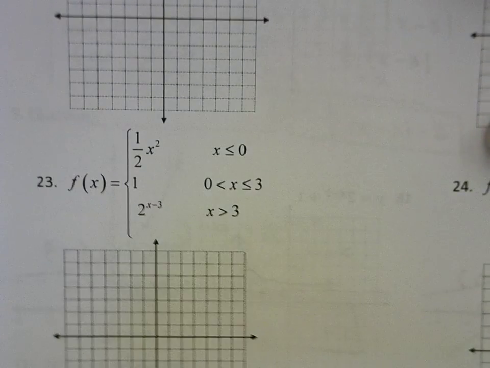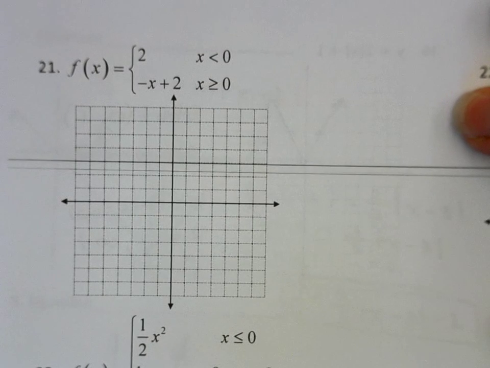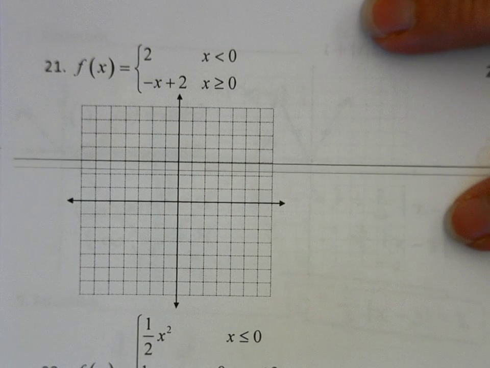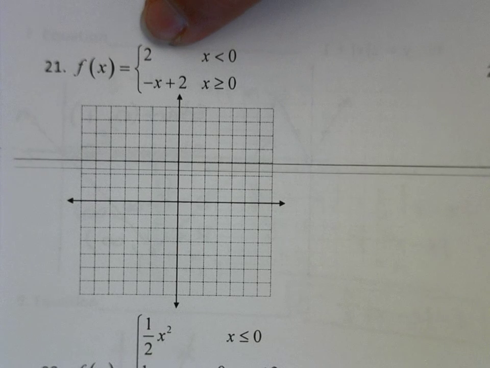Okay. So for question number 21, I've got a piecewise function. So what I want to do is graph these separate from each other. So this is my first equation, just y is equal to 2.